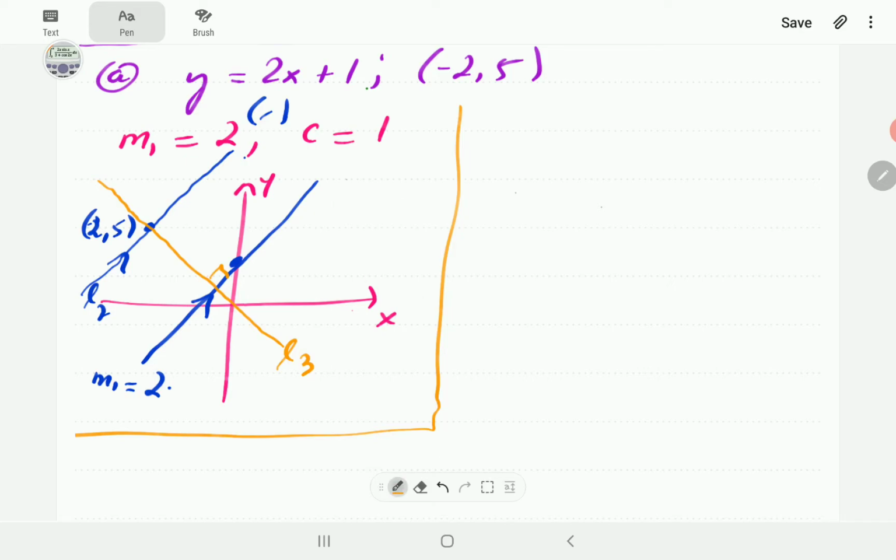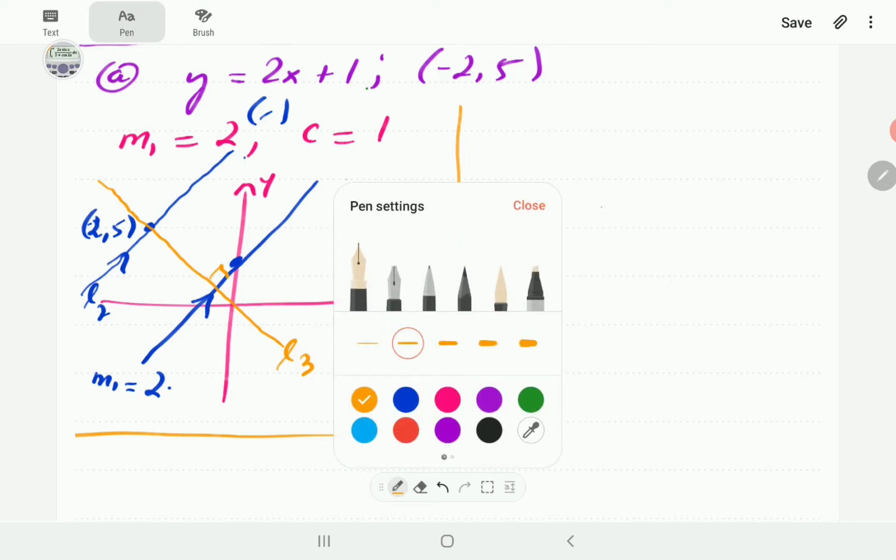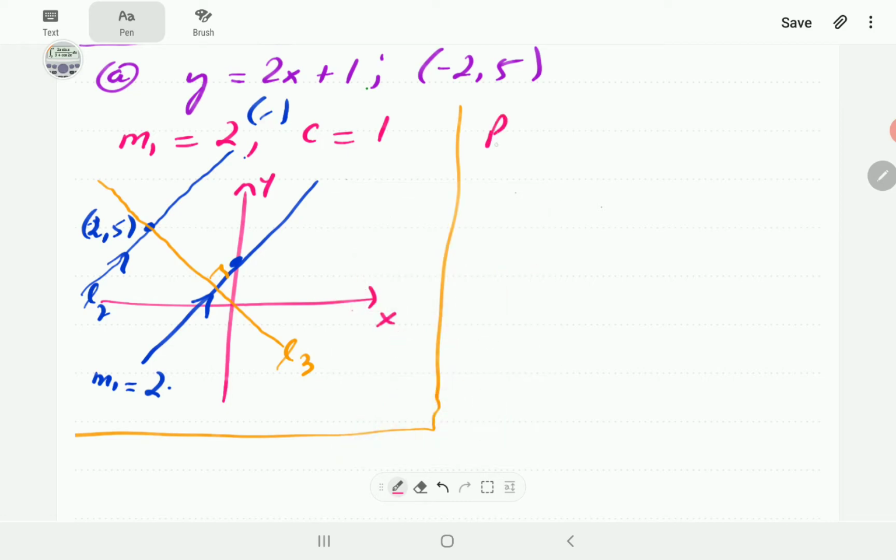For the parallel line, that one is going to have the same gradient as our given line. So m2 is going to be 2 as well.